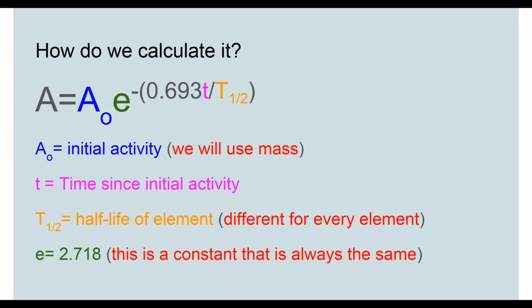One final thing I will mention is that these, this t and this t, since we're dividing, we don't want to have units on our power, so they have to be in the same unit. Meaning, if our half-life is given to us in days, we have to have our initial time in days. So if we aren't given it in the same unit, we have to convert it. Okay, so always make sure these are equivalent units so they cancel out. Or again, you'll find yourself getting some weird answers.